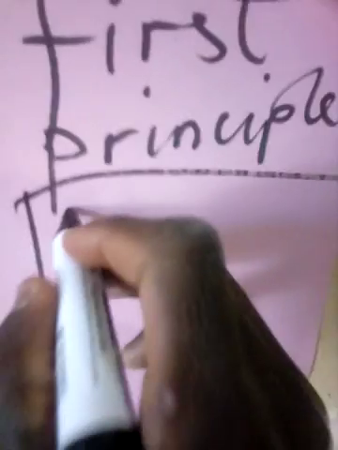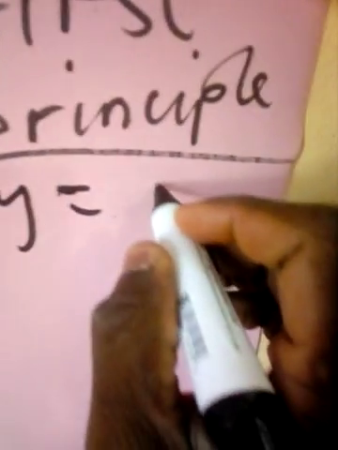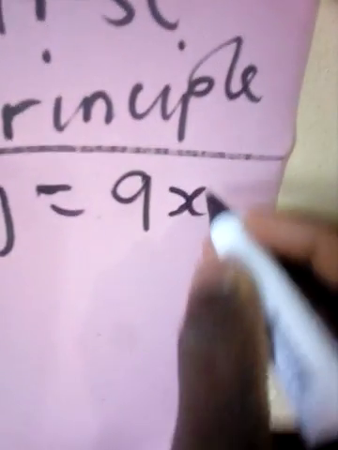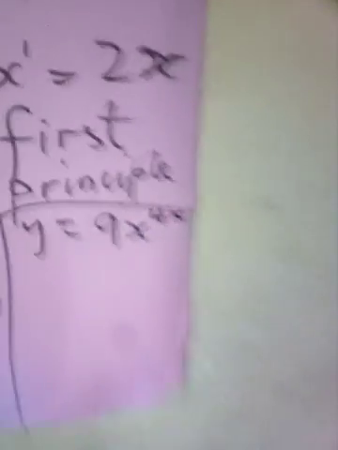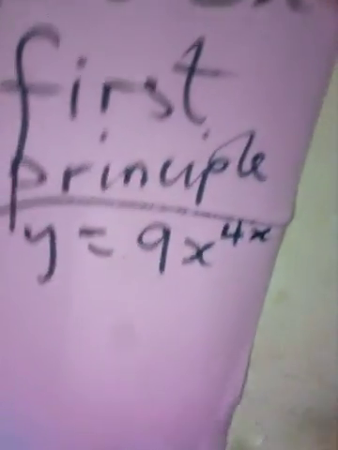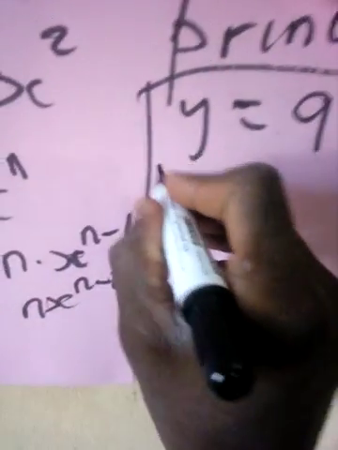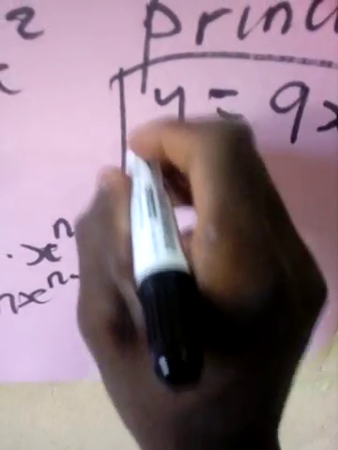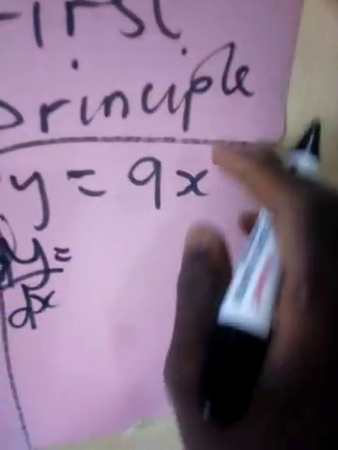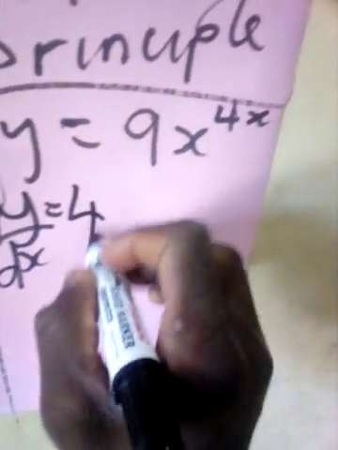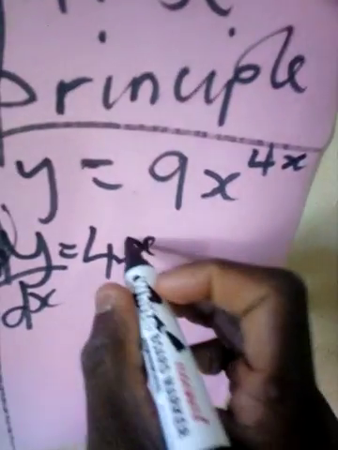Okay, assuming we are given our y to be equal to 9x raised to power 4x. Yes, 9x raised to power 4x. Now if I'm differentiating this, dy/dx is simply going to be power come down. The power here is 4x. Power come down, power go up minus 1.